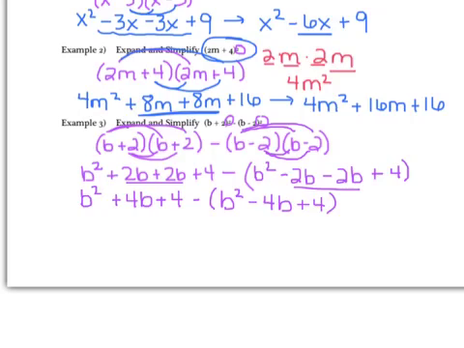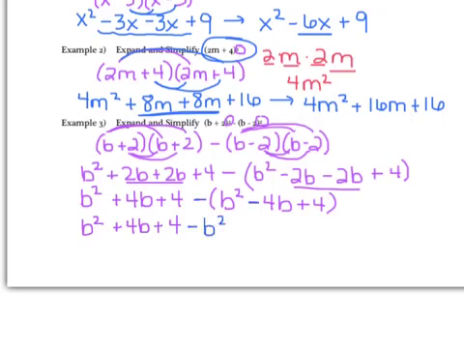Okay, now let's deal with that negative sign. This negative sign here is going to get distributed to everything inside those parentheses. So the first part of my equation is going to stay exactly the same. B squared plus 4B plus 4. Then the second half, this is going to become a negative B squared.